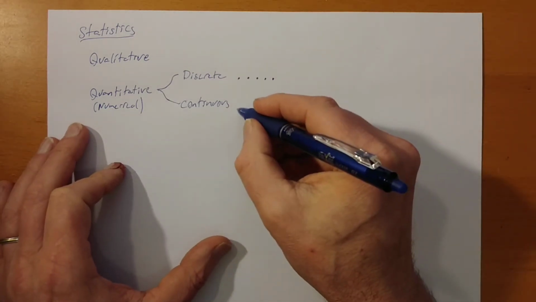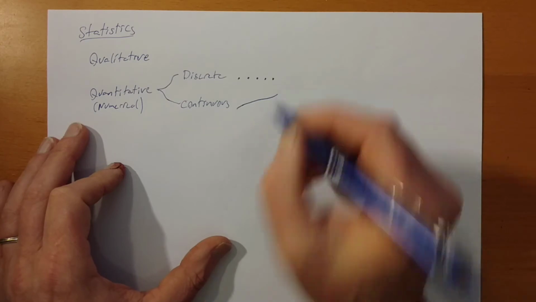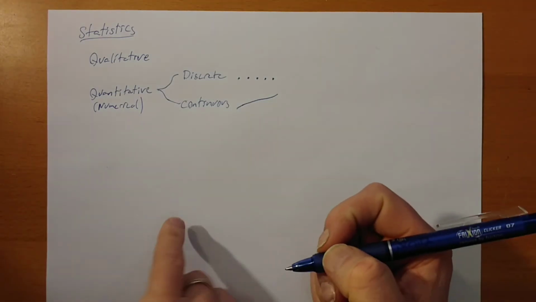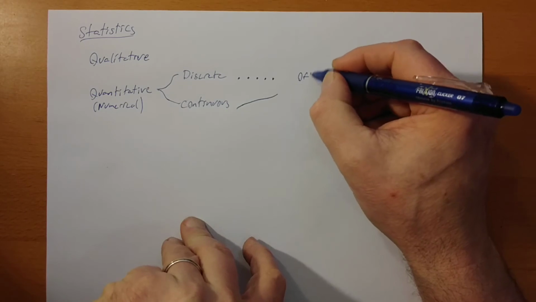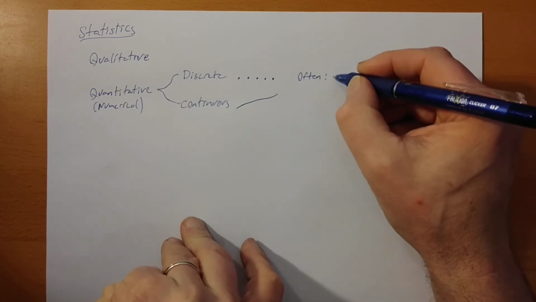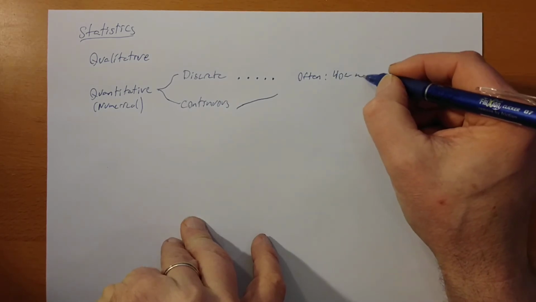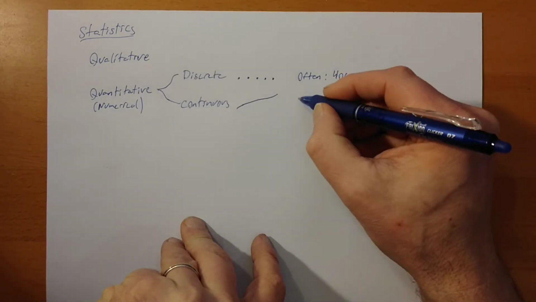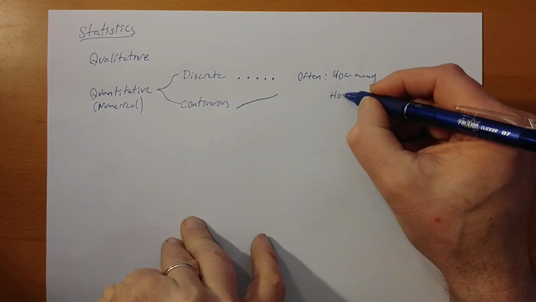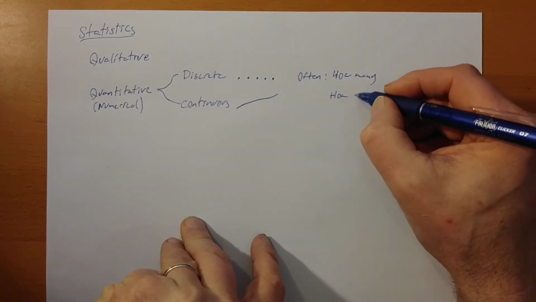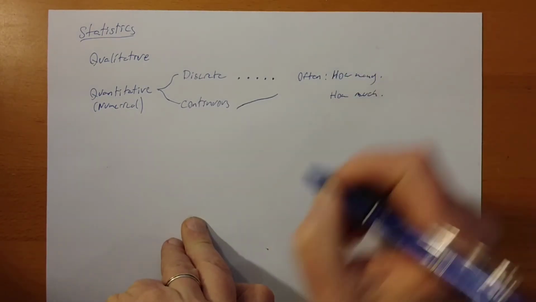Continuous means that you can have one value or the value next to it and so on in some flow. Discrete often, not always, answers the question how many, whilst continuous often answers the question how much. We will see that it's not 100% so.